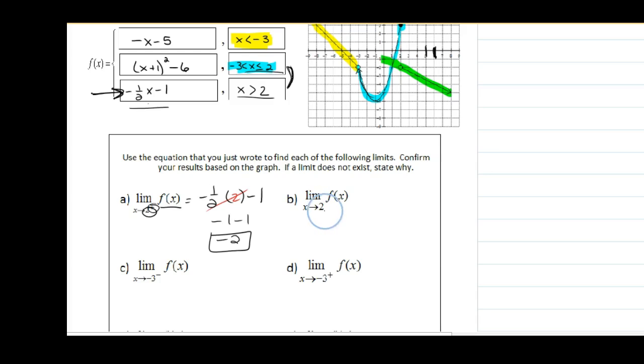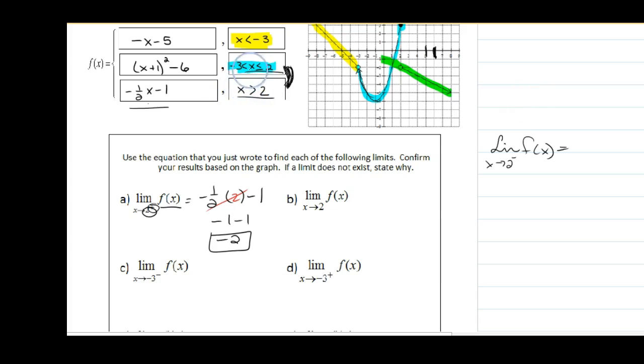Okay. How about the two-sided limit at 2? Well, I know that the right-sided limit at 2 is -2. What about the left-sided limit? So this is a little sub-step I need to do here. The limit as x approaches 2 from the left of f of x. I know again, since I'm finding the limit as x approaches 2, it has to be one of these two functions, but this time I'm approaching 2 from the left, or from the lesser than.